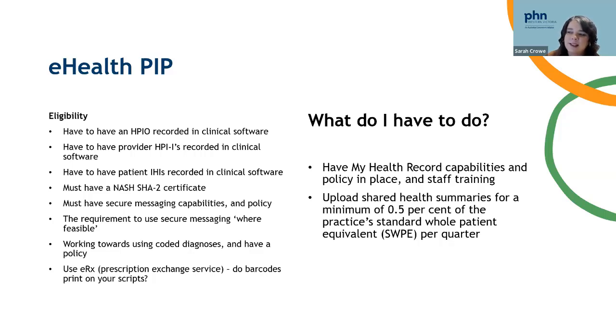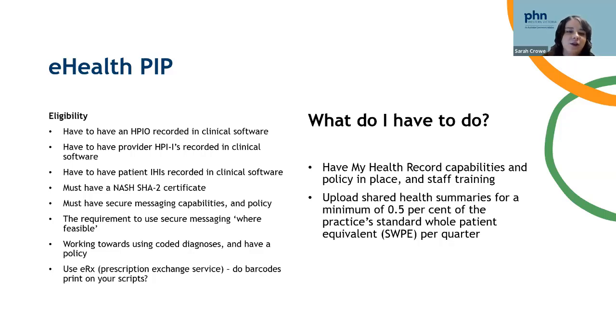You'll see there's this thing called SWPE, Standard Whole Patient Equivalent. I'm not going to go into detail, but it's quite a complicated calculation done by the Commonwealth at Services Australia. They look at Medicare data, how many practitioners you've got and how many services are provided, and they figure out your active patient population, the patients who come repeatedly to your clinic.